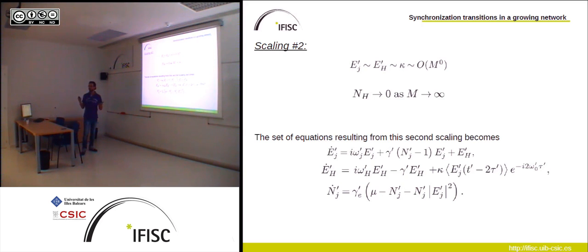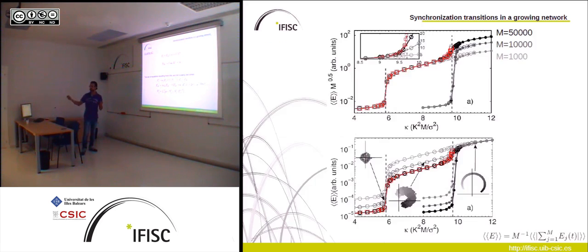This transparency is induced by the injection of the outer lasers, which reduces the number of carriers in the hub.